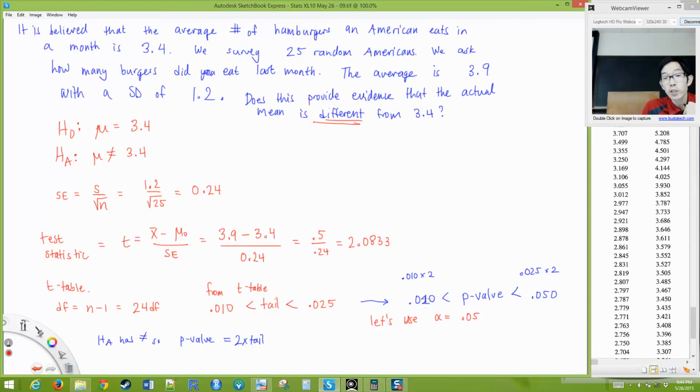So we know that our p-value is less than 0.05. And so what does that mean? Do we reject, not reject? What is our decision? So we reject the null hypothesis, and this means we have evidence that the actual mean is different from 3.4.